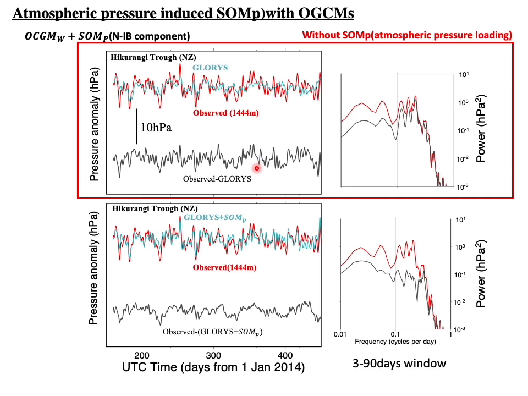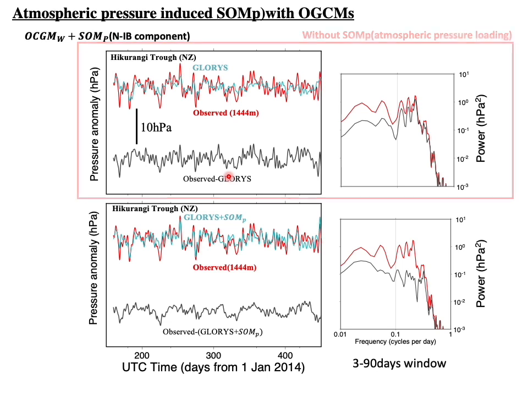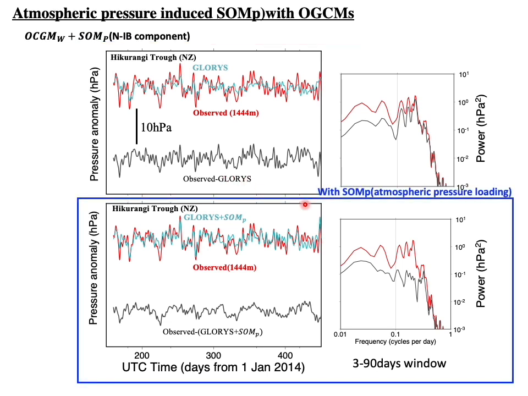If the black line is shortened and the RMS becomes smaller, the detectability of earthquake signals becomes higher. The lower part shows the comparison of observation with GLORYS with the SOMP added. We see improved agreement of observation and modeled OBP here after adding SOMP, especially in short periodic variations.